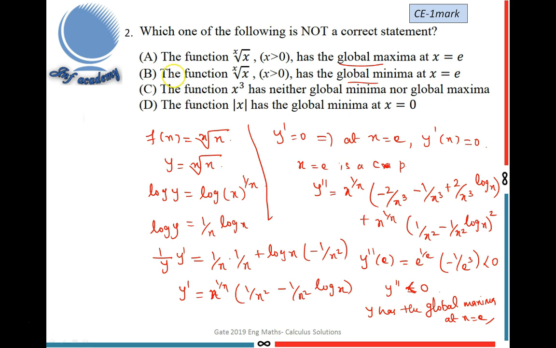But option B is the wrong statement, because option B says the function x root of x has the global minima at x equal to e. But the correct statement is global maxima at x equal to e. So this is the only wrong statement. I don't need to check these two statements because this is the wrong statement. So this is the answer. Answer B is the correct answer.